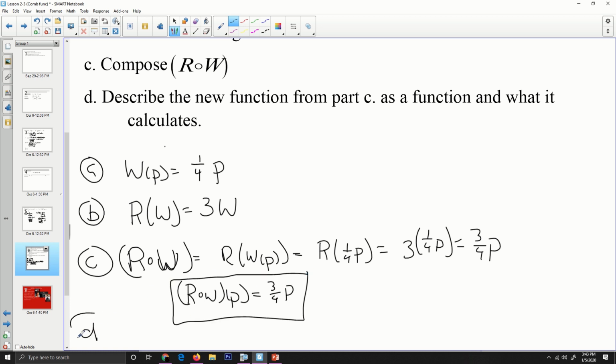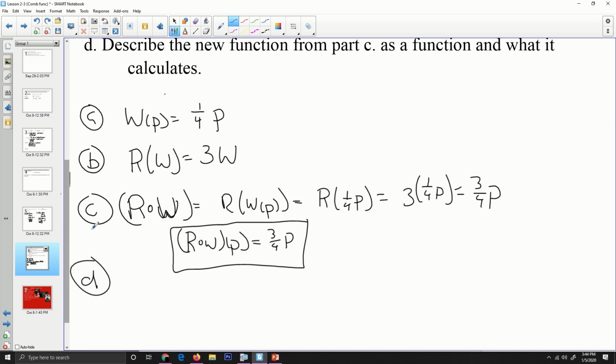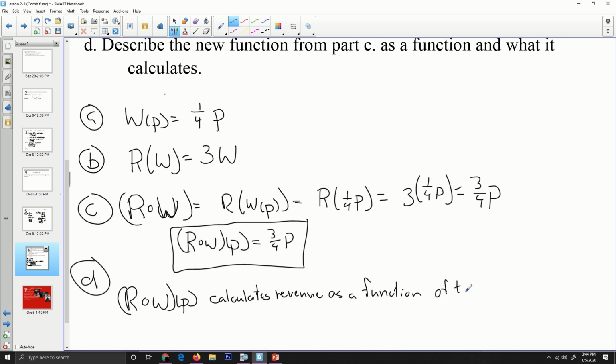And then part D says describe the new function from part C as a function and what it calculates. And so what I get here is this is a revenue function determined by the number of parts. So R composed with W of P calculates the revenue as a function of the number of wild parts.